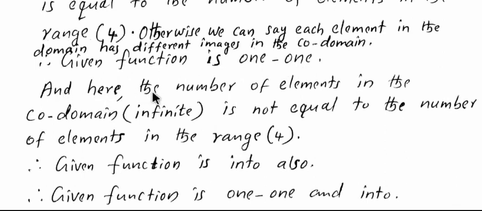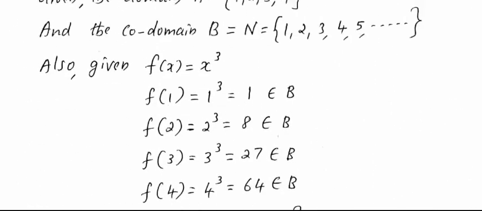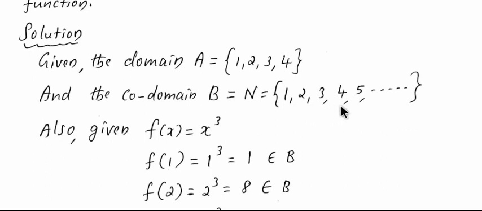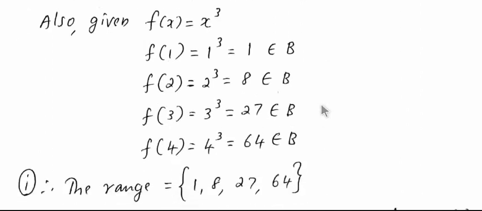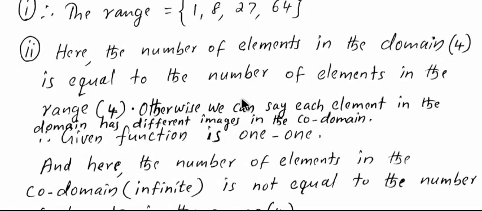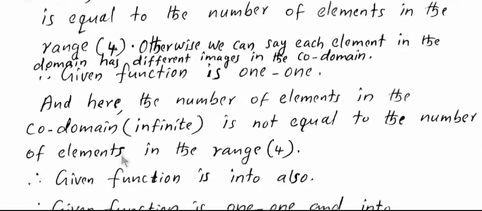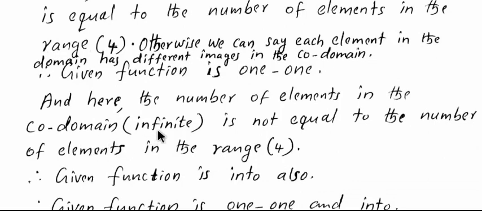And here the number of elements in the codomain is infinite. We don't know the number of elements; unlimited numbers are there. The number of elements is unknown, therefore we say infinite.